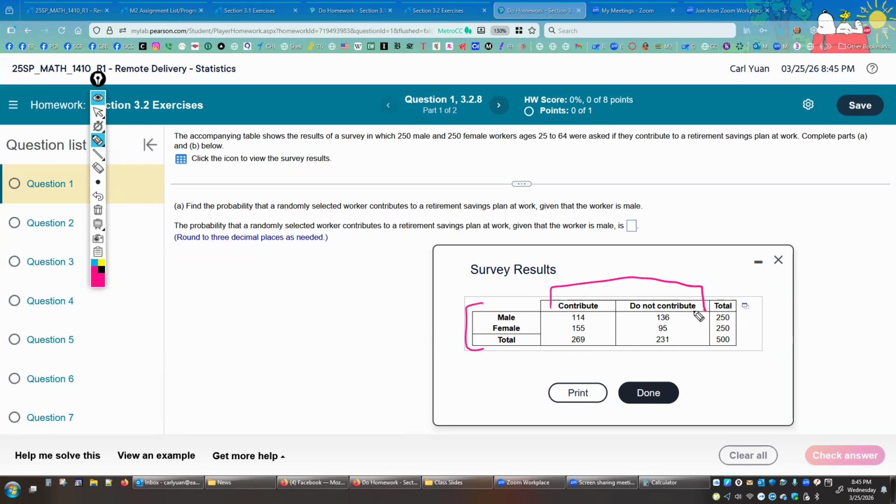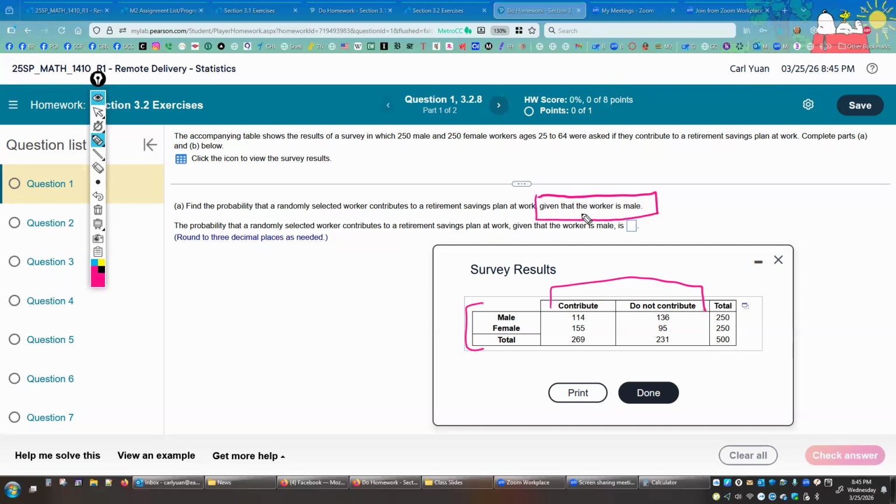All right. So first question, find the probability that a randomly selected worker contributes to a retirement savings plan at work. Here's the key word or key phrase, given that the worker is male.